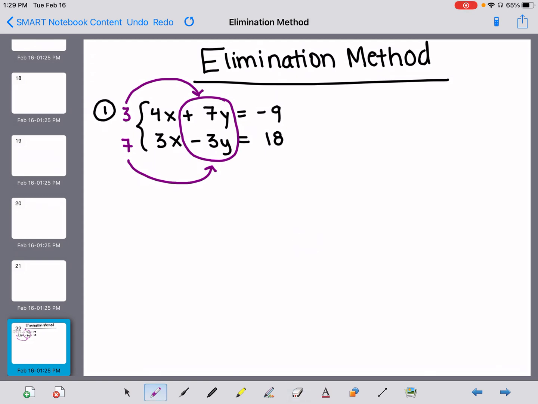Once I choose these numbers, I now need to multiply everything in that equation by that number. So I'm going to multiply everything in this equation by 3.